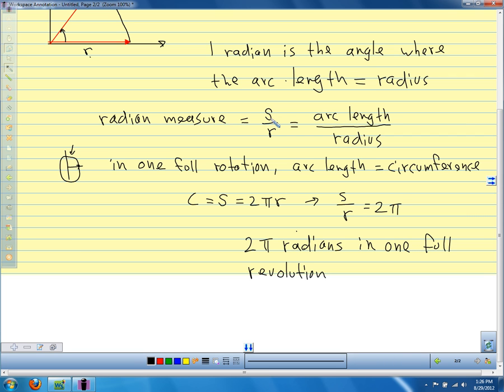What units does the radius have? Radius is also a unit of length. So arc length and radius have the same units. If I divide length by length, the units cancel. So we say that radians don't have any units.